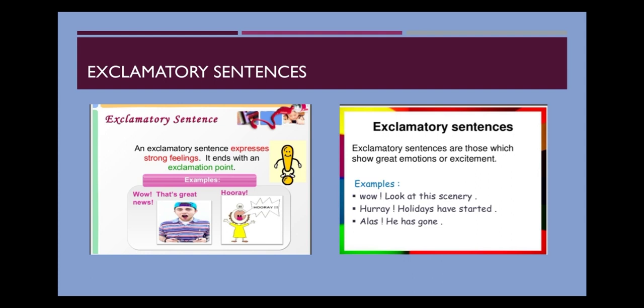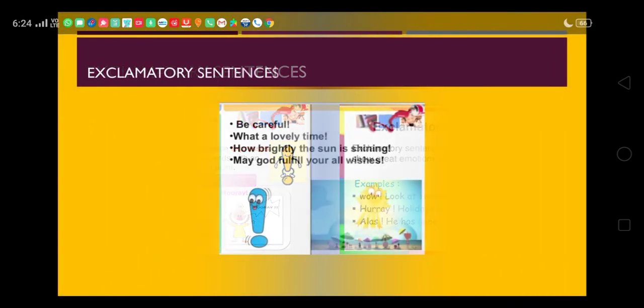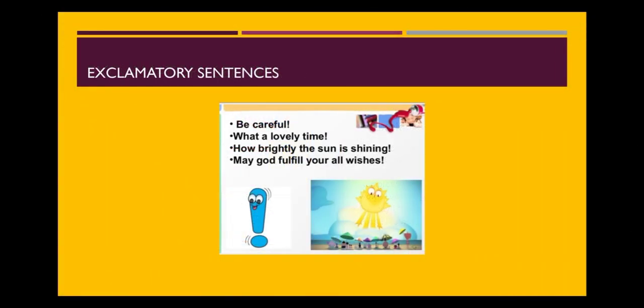So, children, an exclamatory sentence expresses sudden or strong feelings such as surprise, wonder, sympathy, grief, happiness, etc. Alright, always remember that these sentences end with an exclamation mark. Now, let us take a few more examples. Be careful. What a lovely time.